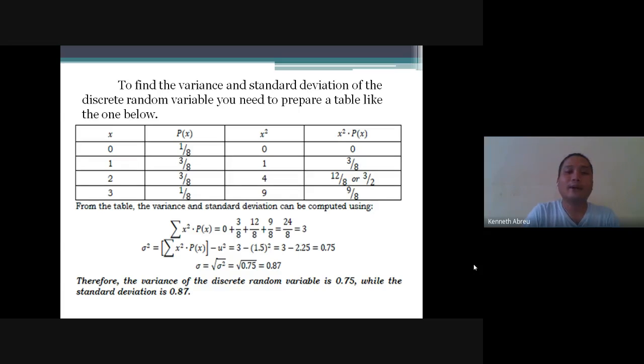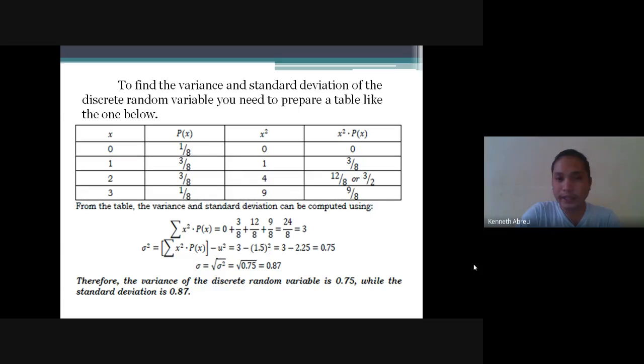Okay? And then, para makuha lang natin yung ating variance, kuhanin lamang natin yung summation natin ng ating given doon sa ating fourth column.